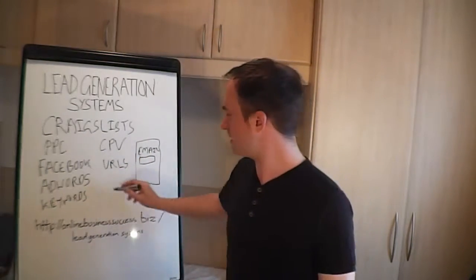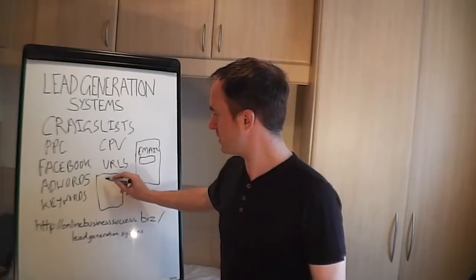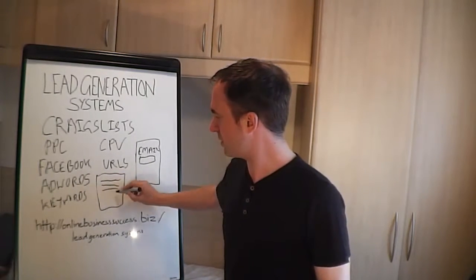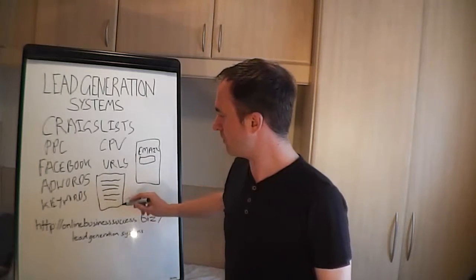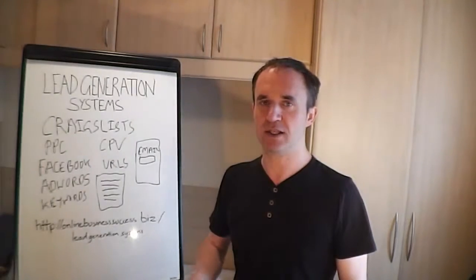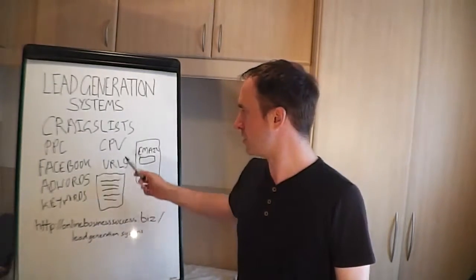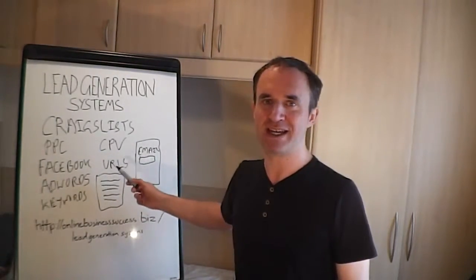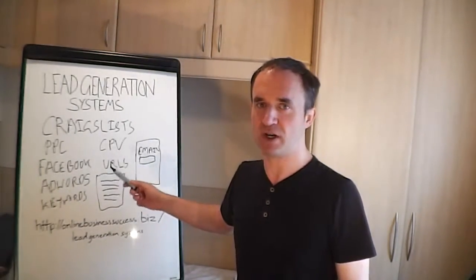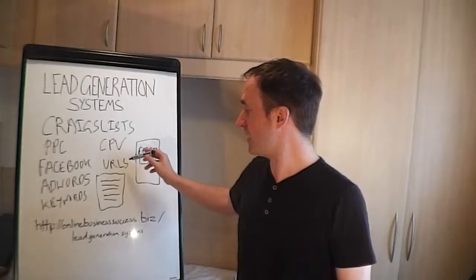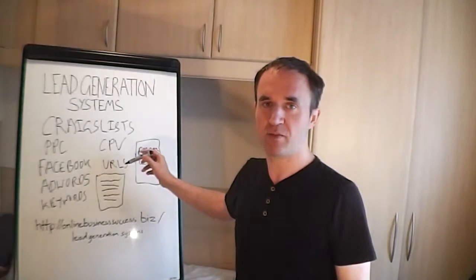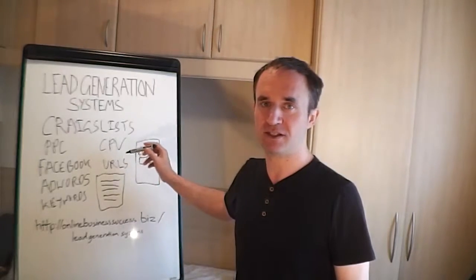Say that this is Google search results, and you've got your first, your second, your third, and all that kind of thing. The recommended way is that you choose a keyword, and then you choose URLs which are related to that keyword. The people who would be interested in those URLs would be the kind of people interested in what you are selling.